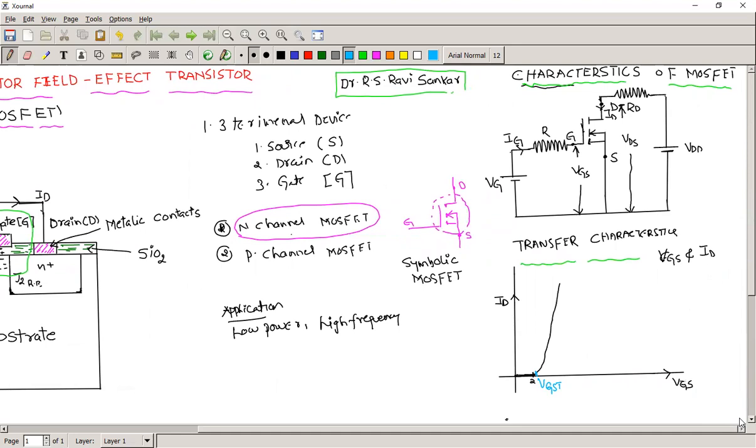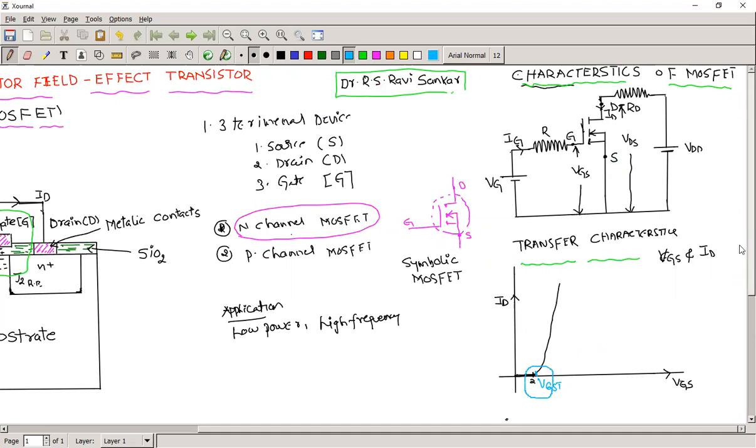The transfer characteristics is a curve drawn between the drain current and the gate voltage. From this graph, we can say that when the gate voltage is less than the threshold voltage, the MOSFET will be operating as an open switch. If the gate voltage is more than the threshold voltage, the MOSFET will be operating as a closed switch.